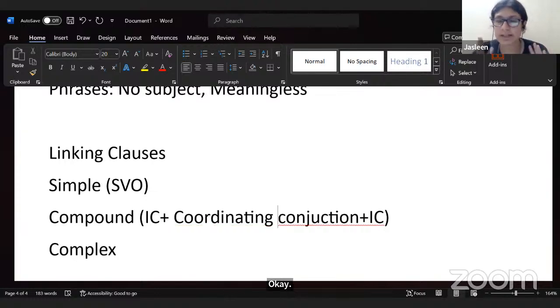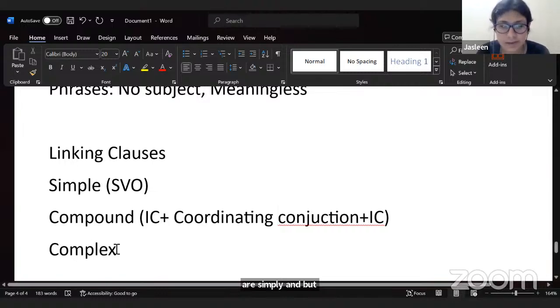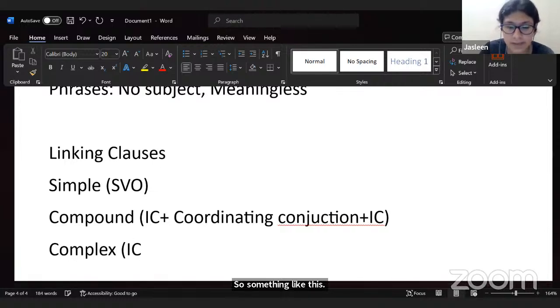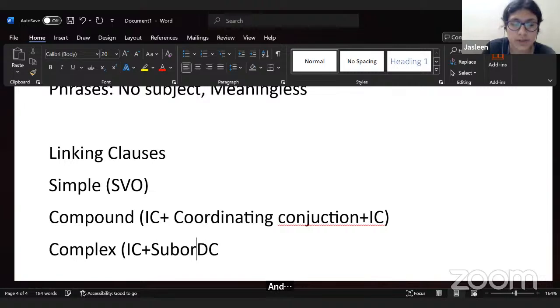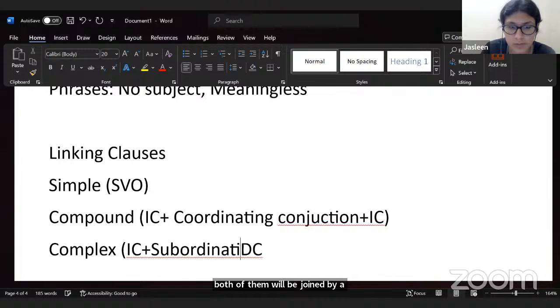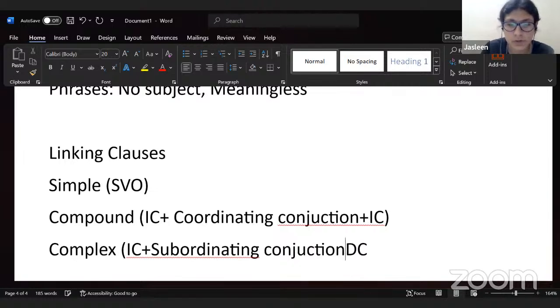Coordinating conjunctions are simply and, but, so, something like this. Under complex sentences, you will have an independent clause, plus a dependent clause, and both of them will be joined by a subordinating conjunction.